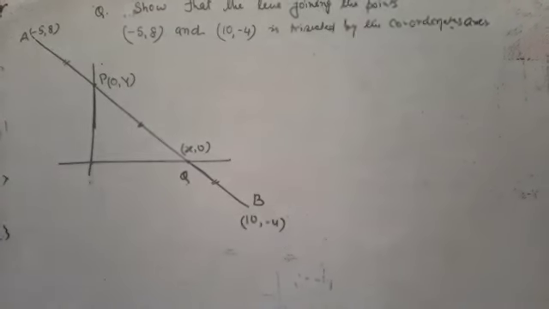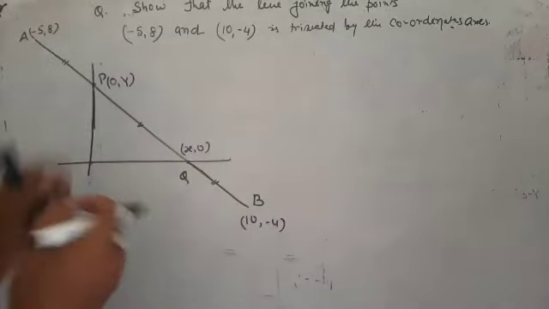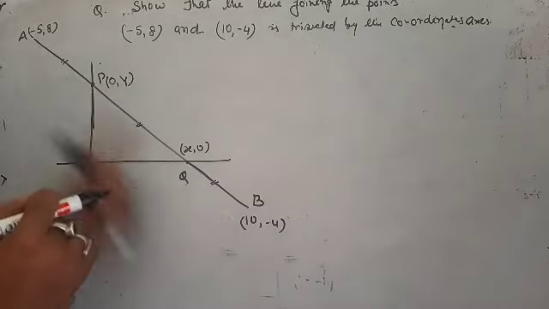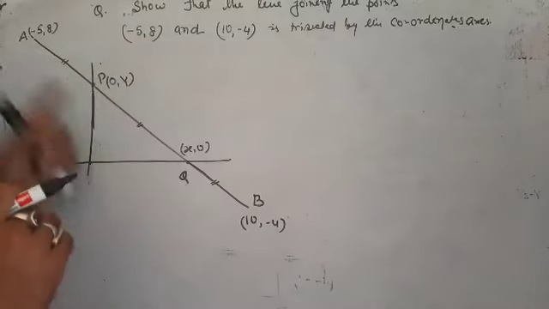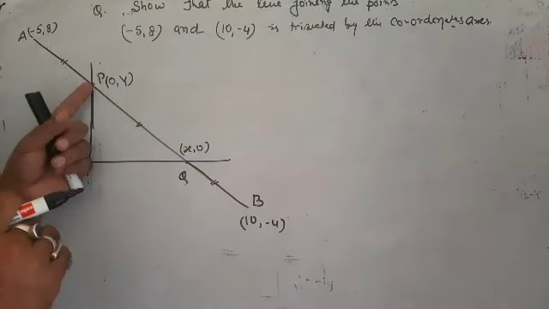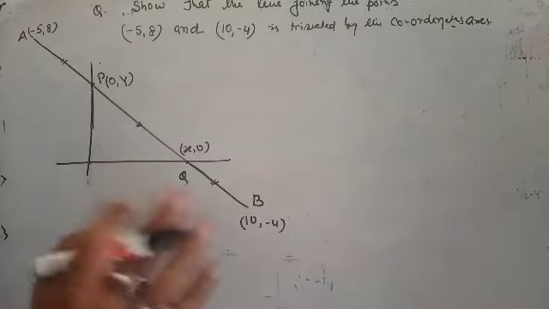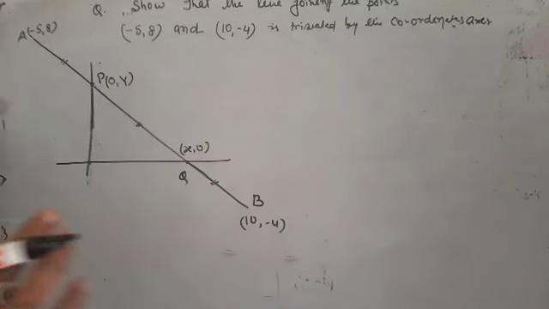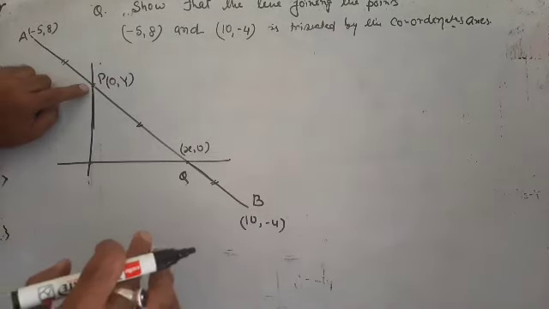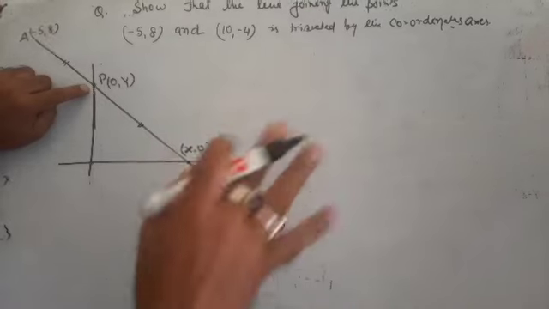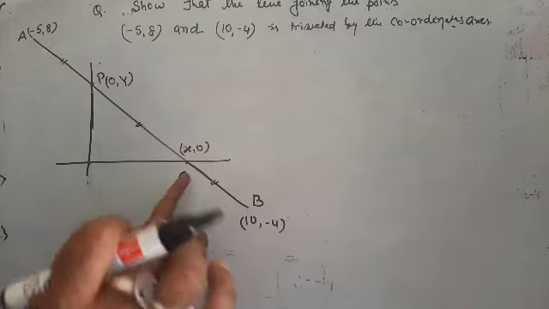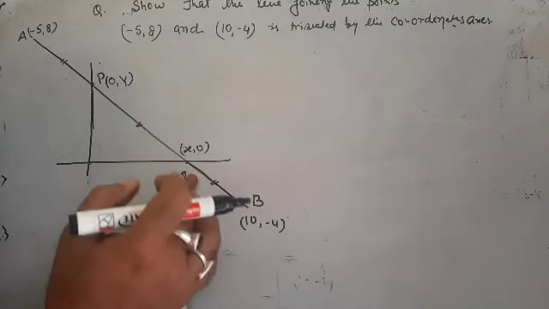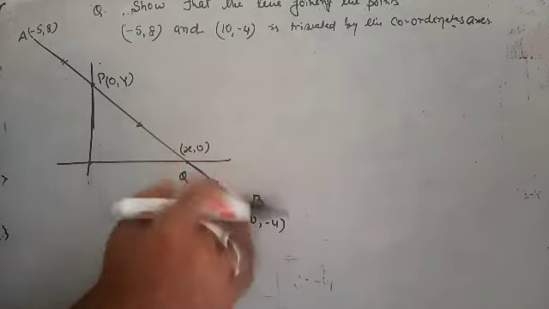So if I find the ratio of P, that P divides the line AB in 1:2 ratio, then it is proved. And if P divides the line AB in 2:1 ratio, then it is proved. Similarly, if I find Q is 2:1 or 1:2, that is clear.